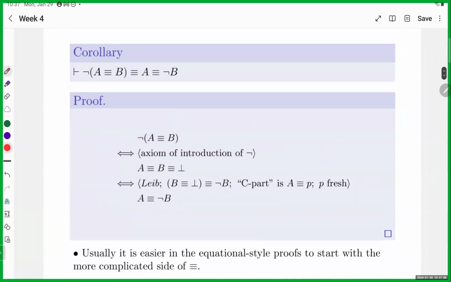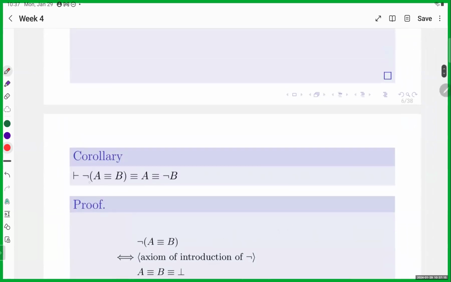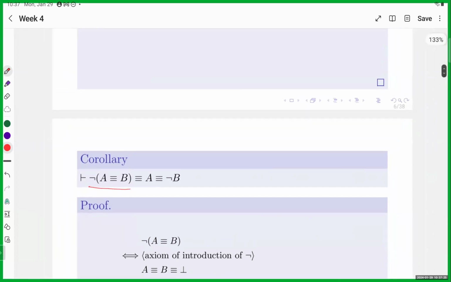Now, the next corollary of this is the same theorem, but instead of negation of A, here is negation of B. So negation of A is equivalent to B is also equivalent to A is equivalent to negation of B. And by the way, in order to understand these two formulas, note that what does this say?